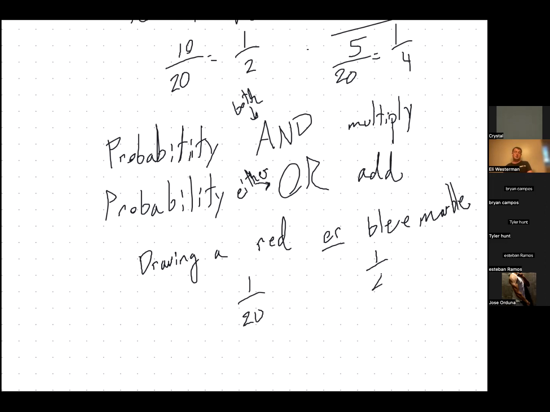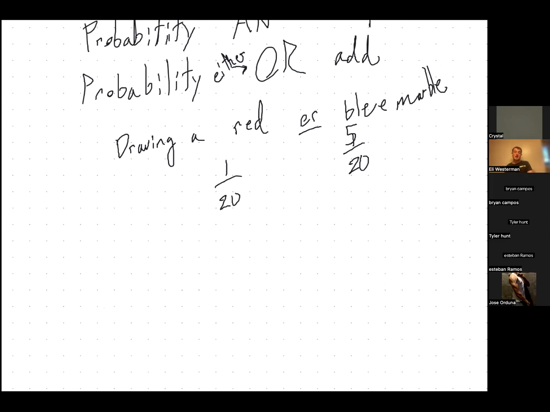It is not 1/20, it's 5/20. Let me make sure blue is the one with 5. Yep. So for this, we add them. So we get 6/20, and we can simplify that by dividing by 2 to get 3/10. The probability of drawing a red or a blue marble is 3/10.